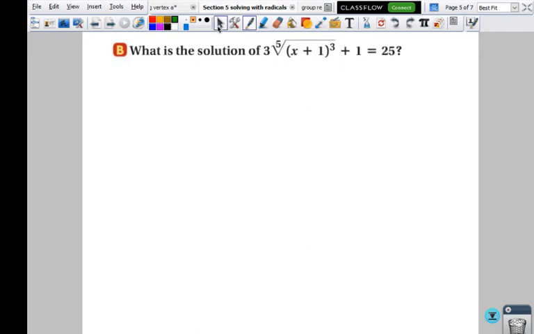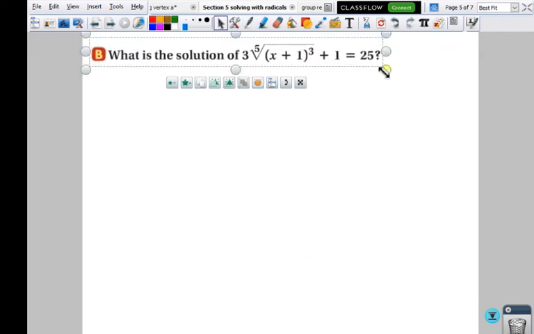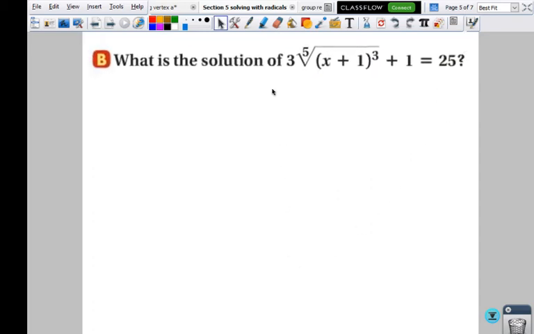So we're going to keep that in mind, and this time we're going to find the solutions of 3 times the 5th root of (x plus 1) to the 3rd, plus 1, and it's going to equal 25. Alright, just like all these other problems, we need to get the radical by itself first.